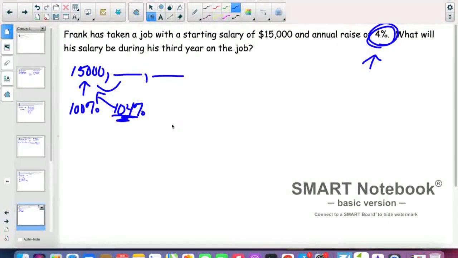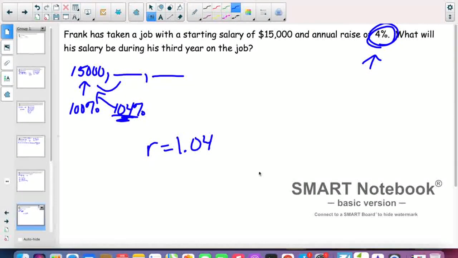So next year's salary is what I get when I multiply 15,000 by 104% as a decimal. So my rate is 104%, so my R value here is going to be 1.04 because he's making over the 100% that he made the 1st year.